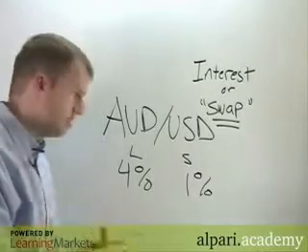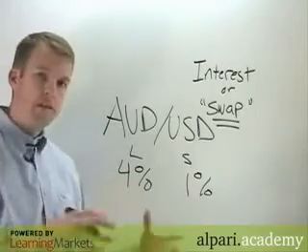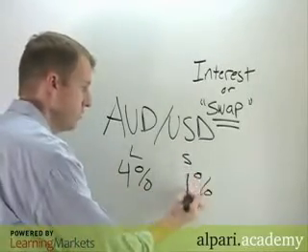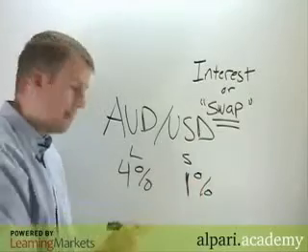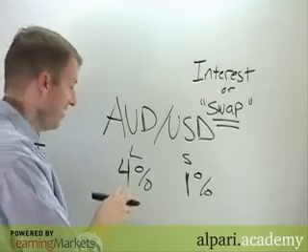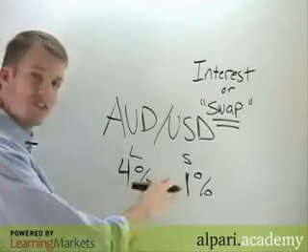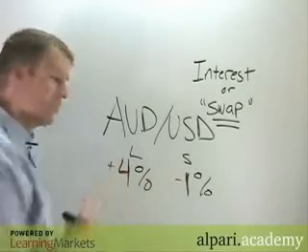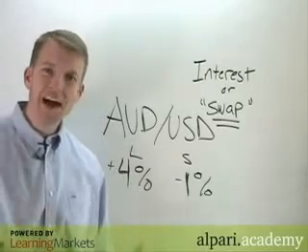So if you were to look at this as representative of the interest that you would be charged for borrowing dollars and that you'd be paid for owning and depositing Aussie dollars, then you've got a differential here. You're being charged this, but you're earning that, right? So here's what happens.